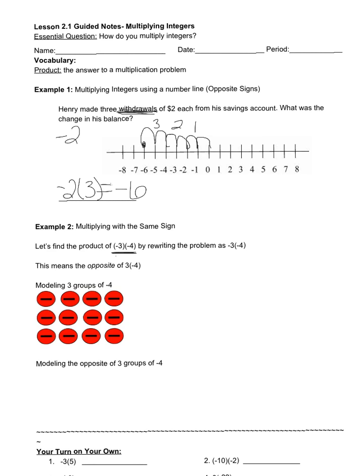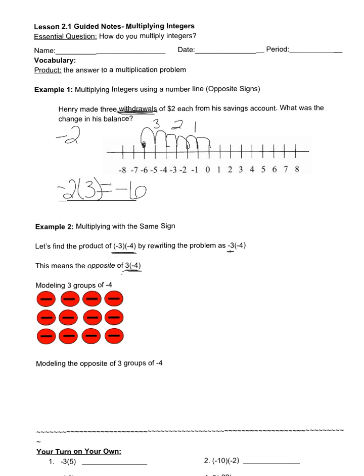And when I write it like that, that negative right here is actually going to mean the opposite of 3, because I know that a negative is the opposite of a positive, and therefore a positive is the opposite of a negative. So I'm going to have to model 3 times -4 before I can find the opposite of 3 times -4.